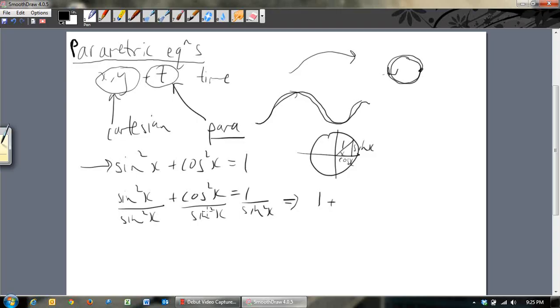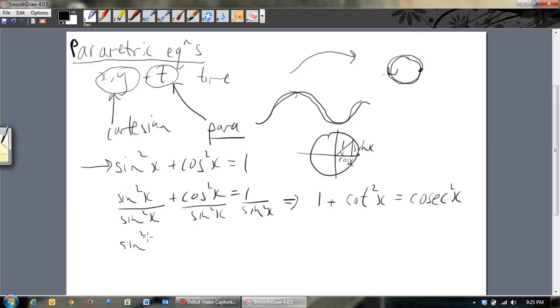Cos squared x divided by sin squared x is actually tan upside down. The inverse of tan, the upside down of tan, is cot, so cot squared x, because it's squared. And 1 divided by sin squared x, what is upside down? Sine upside down is cosec, so cosec squared x. So there's another identity.